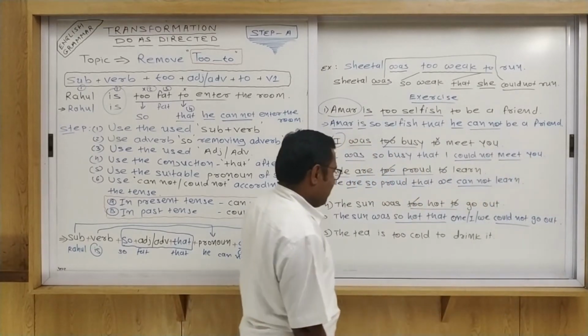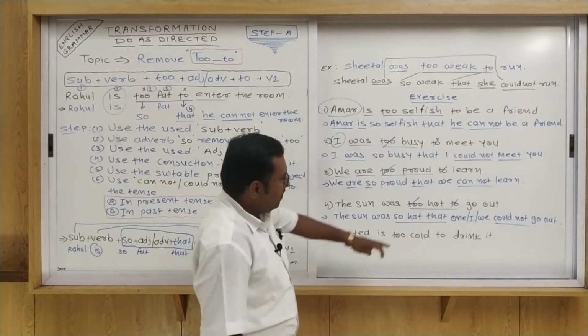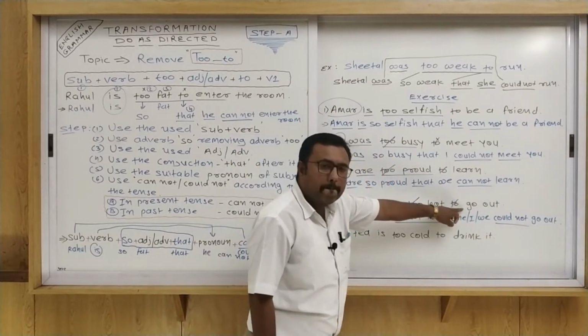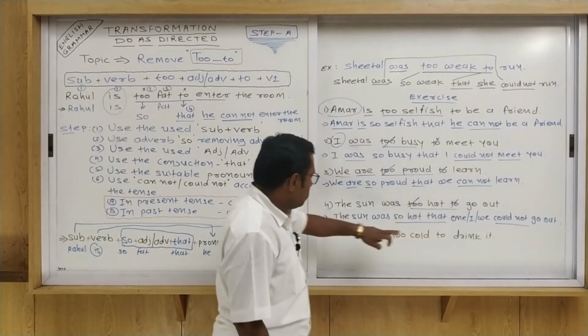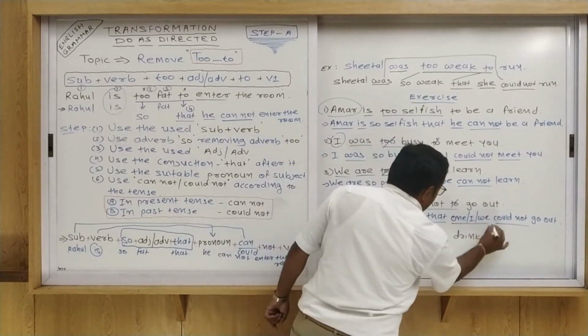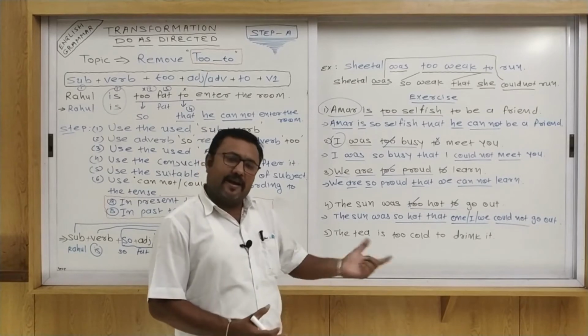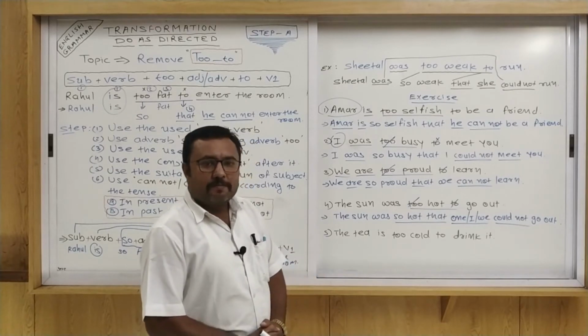Please see that here the subject is not given, but the verb is used for a person. Hot is used only for the sun. That is why we can write one, I or we. When we are not sure, at that time we can write that pronoun.